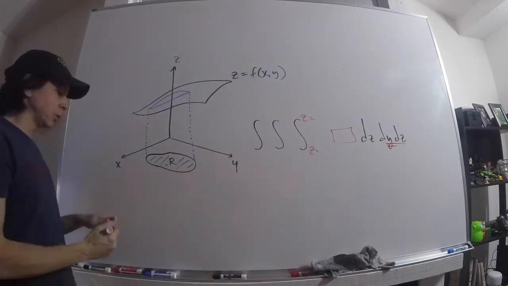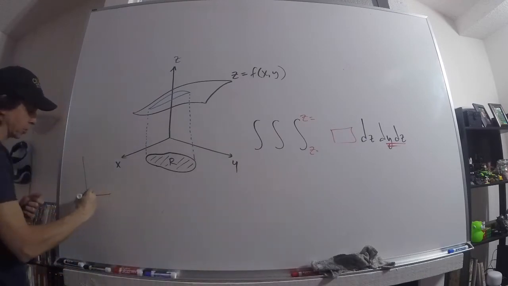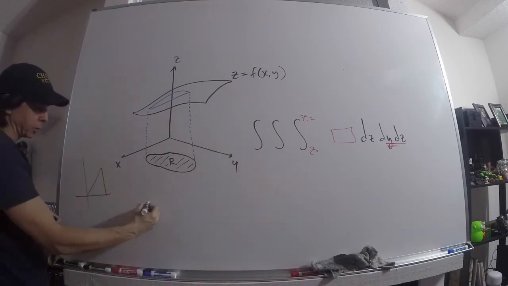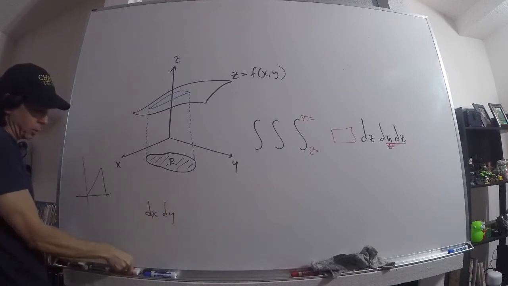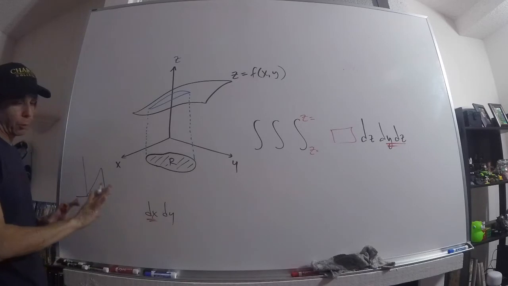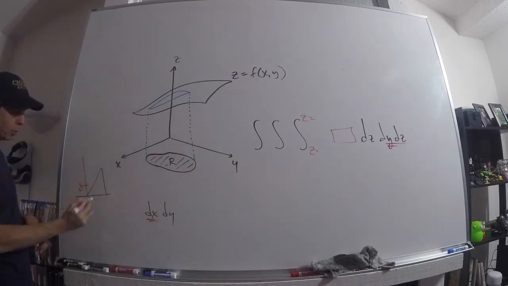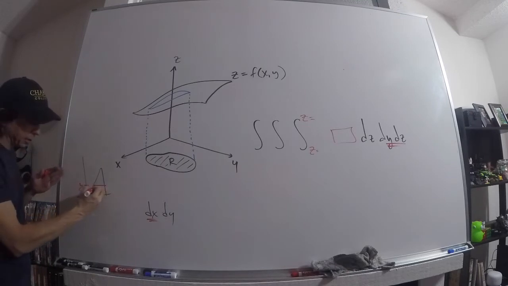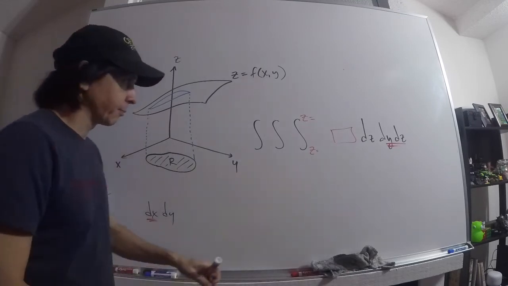It's the same thing as when you do a two-dimensional region. If we're going to do dx first, you pick a random y, because y is going to be treated like a constant first. So I just pick a random y there, and I slice along that y. Similar idea to that.